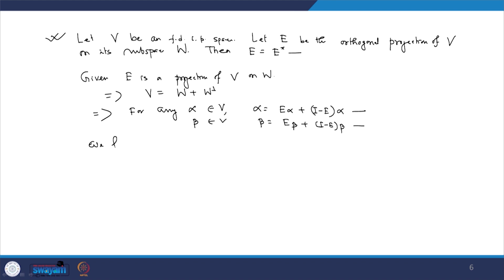We have the inner product of E alpha and beta equal to the inner product of alpha and E star beta. We want to know what E star is for this problem. See, the inner product of E alpha and beta can be written as E alpha and E beta plus I minus E operating on beta.